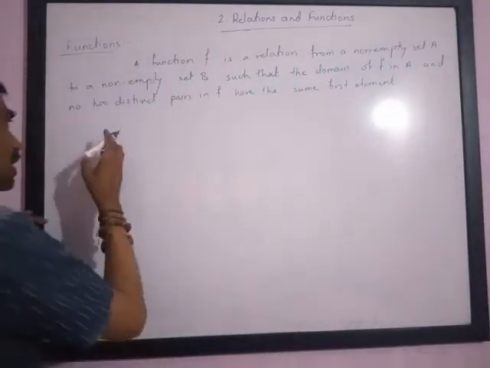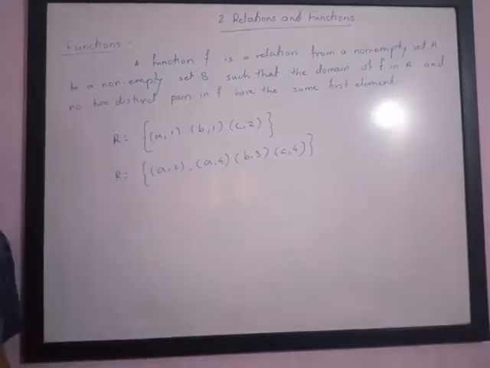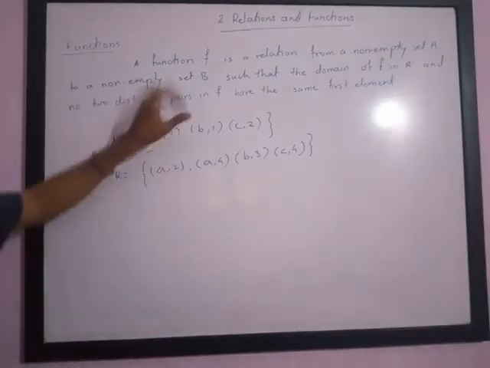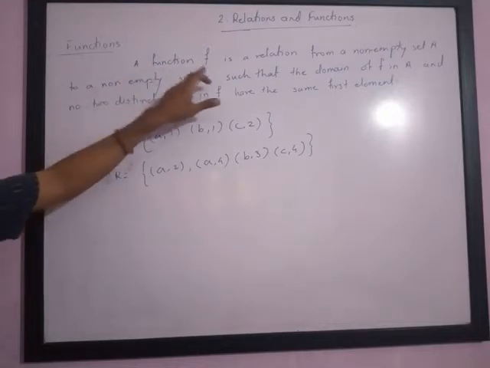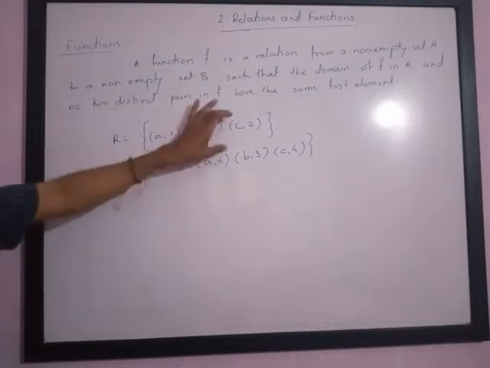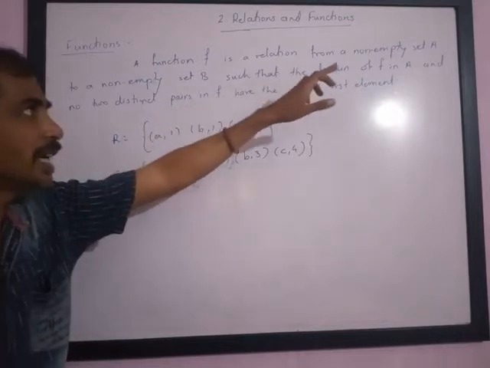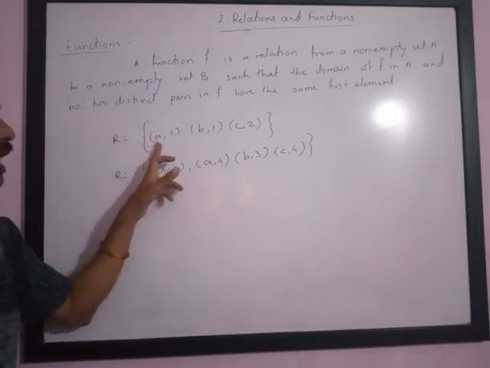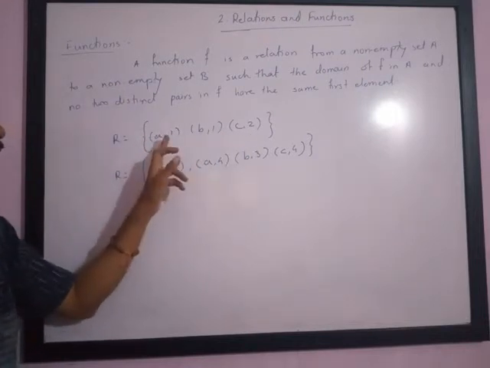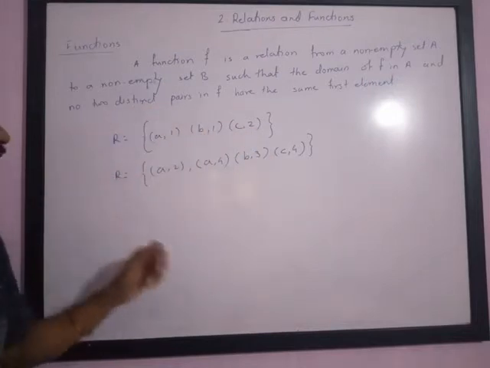If R is a relation, let us try to understand this definition. Here, a function f is a relation. So we have written some relations. Let us study whether it is a function or not. From a non-empty set A to non-empty set B. You can understand here A is a set of a, b, c and B is a set of 1 and 2, both non-empty sets.